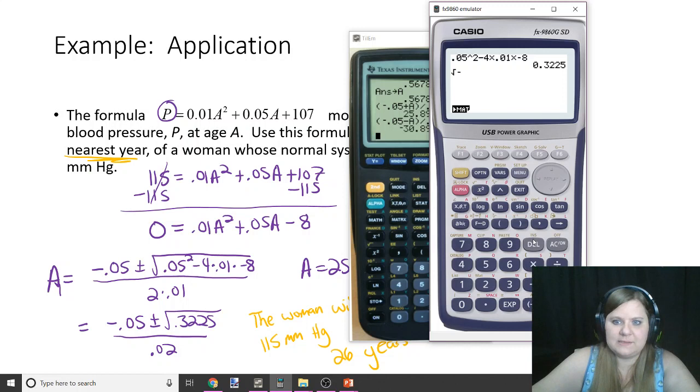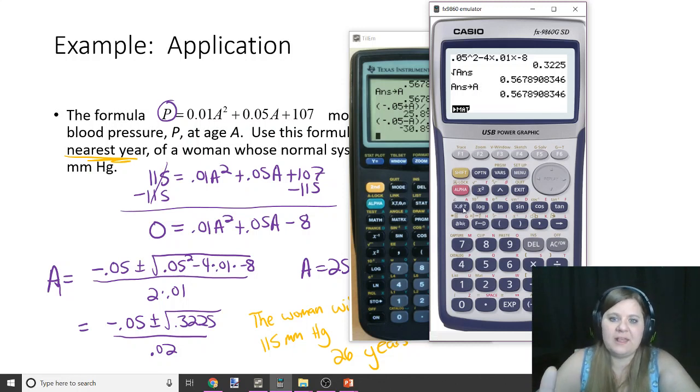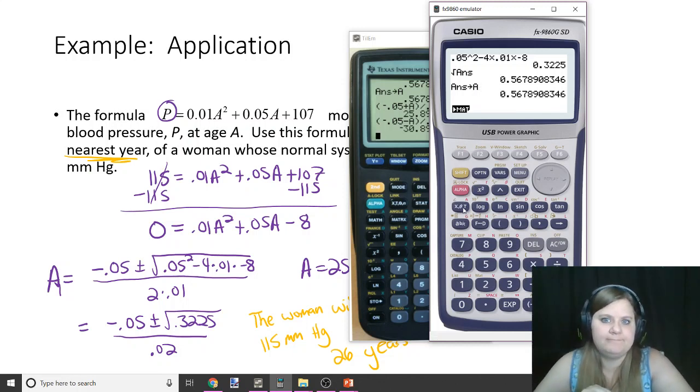Well, yep, let me fix that. There we go. Shift answer. There we go. We can then hit this button right here to store. So little arrow, alpha A. Okay, everything else is exactly the same. Voila.